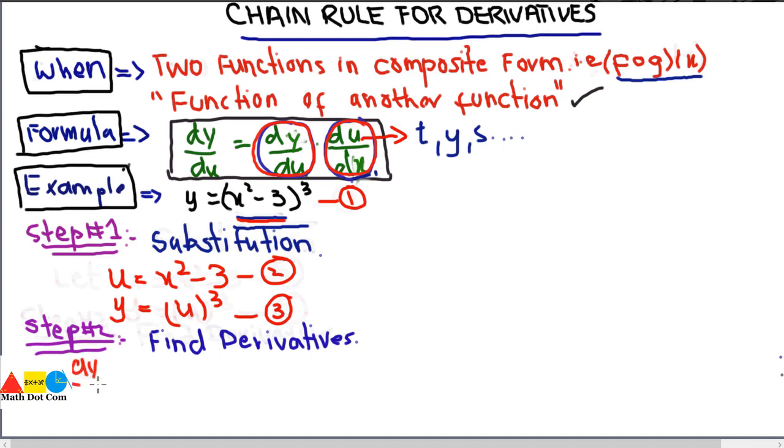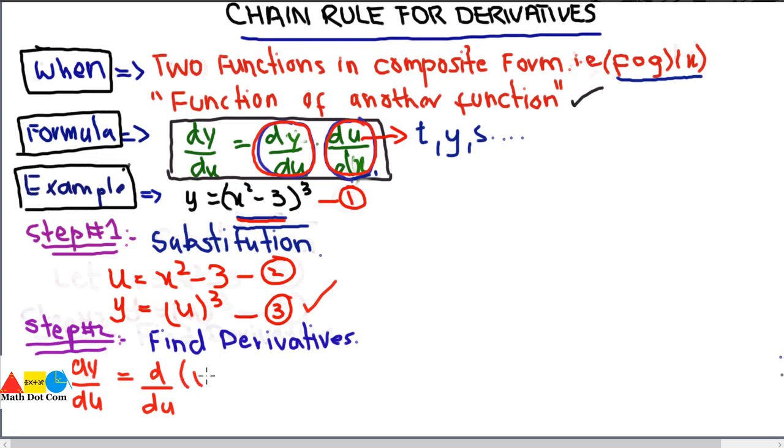So dy by du is equal to, you have to keep in your mind that dy by du means you are going to differentiate with respect to u. It means other than u, all the variables or constants will be dealt with as constants. So dy by du, you write it like d by du of u cube, replacing y with equation number 3.